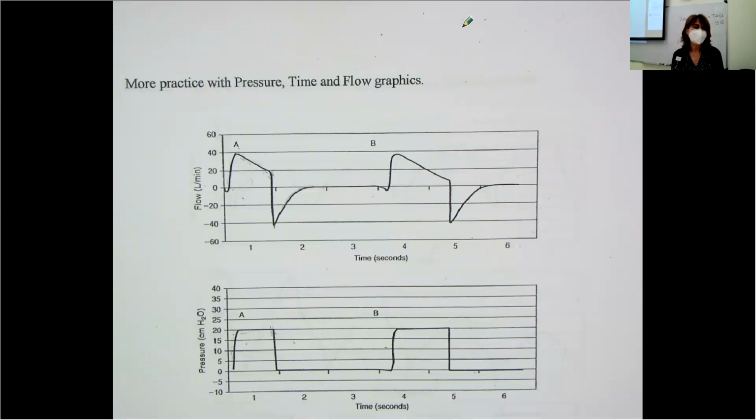Everything above baseline is considered inspiration. So maybe you can draw a line, maybe put an arrow or something. That's inspiration. And everything below baseline is exhalation.